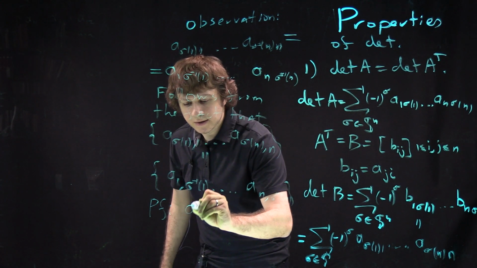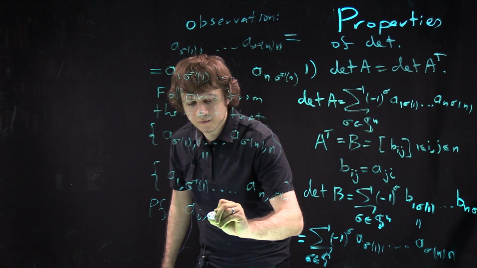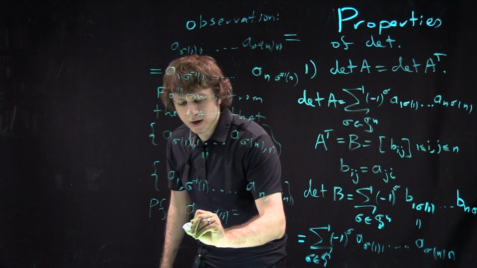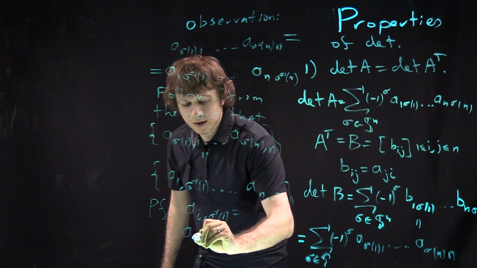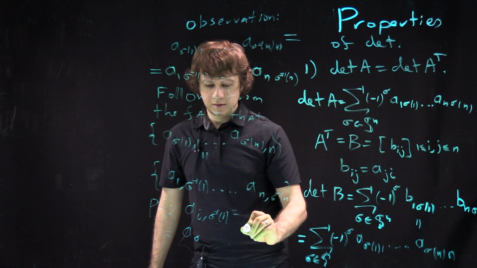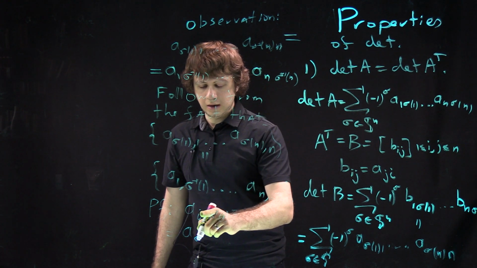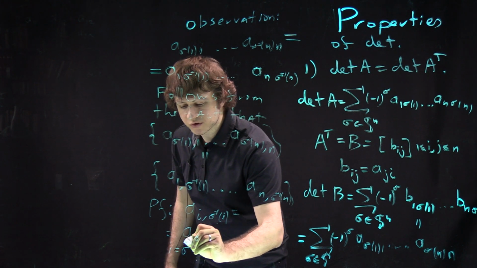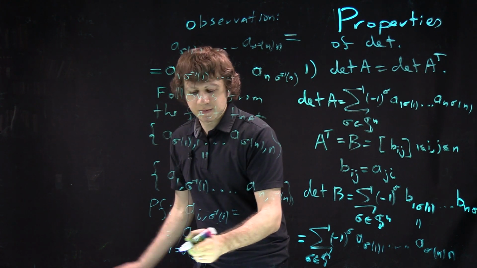So a i sigma inverse of i, of course, equals a sigma of j, j. We know that i is equal to sigma of j for some j, because sigma is a bijection.